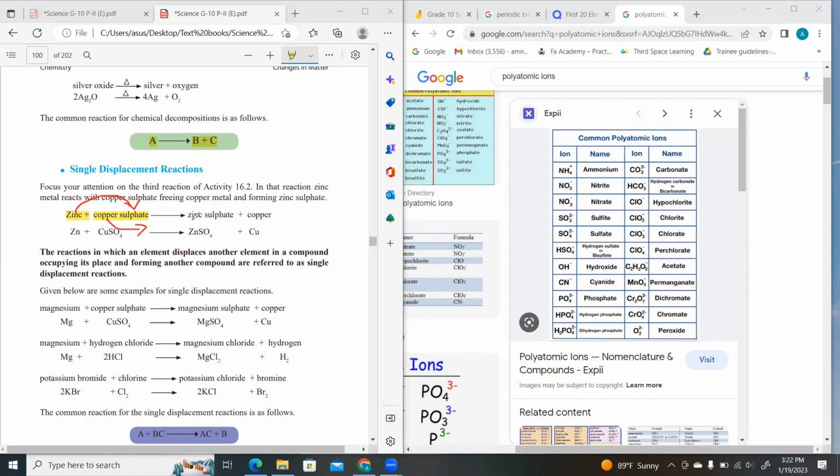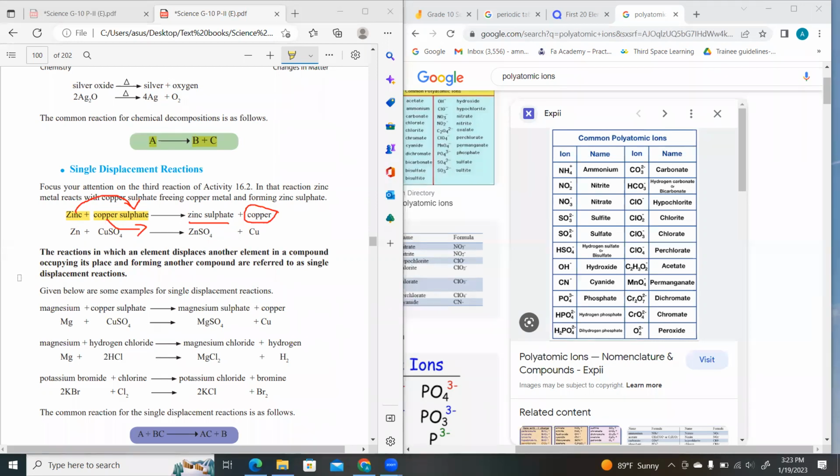So can you see zinc sulfate has been formed and copper is alone. So when one reactant can move a substance out of the other reactant, we call it single displacement. It can kick out only one substance out of this. So the reaction is written below.